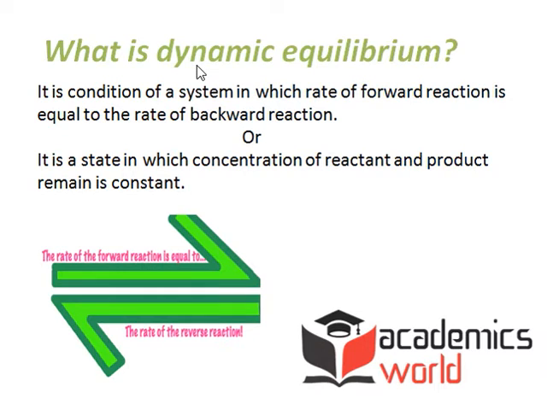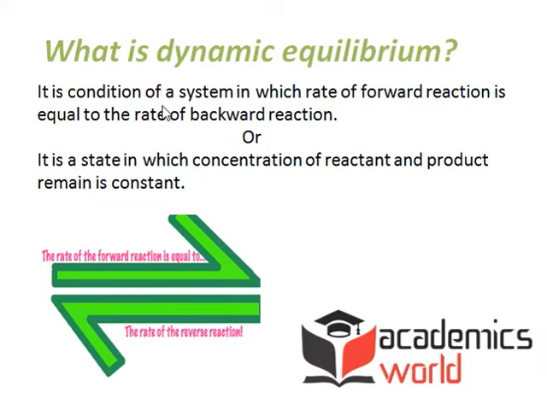Equilibrium means competitive influences are balanced and appear to be static. Static means stopped, while dynamic means it appears to be static, but the process is going on, not stopping. And we know that dynamic equilibrium is a never-ending process.